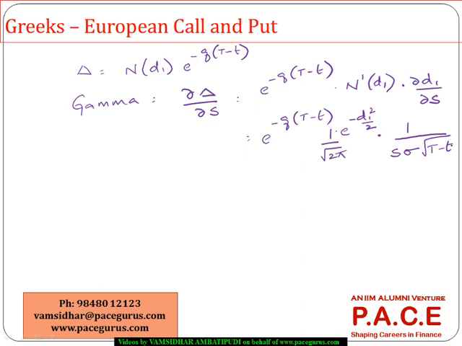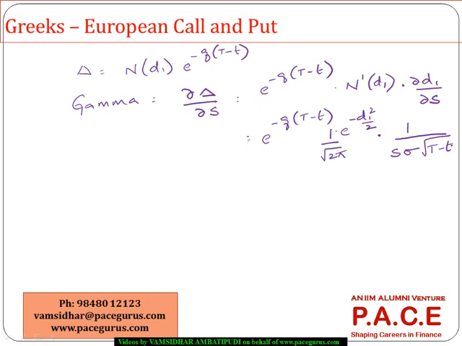So this is how I am able to compute it: e power minus q (T minus t) divided by S sigma root (T minus t), 1 by root 2 pi, e power minus d1 squared by 2. So this is what comes out as the gamma of the call option.